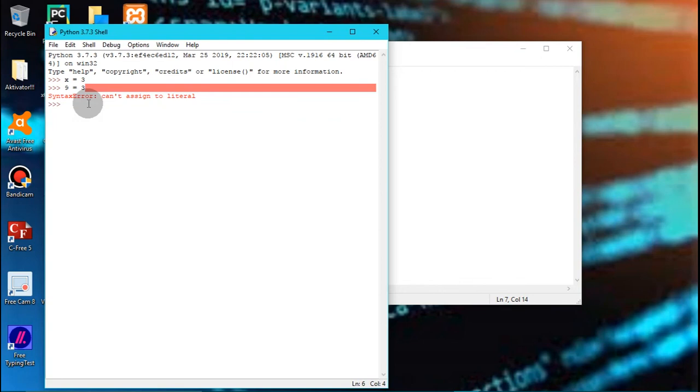So let's come back to the operations. Let's say we have 2 plus 3. This plus sign, the addition sign, is the operator, and this 2 and 3 are the operands which are operated on.